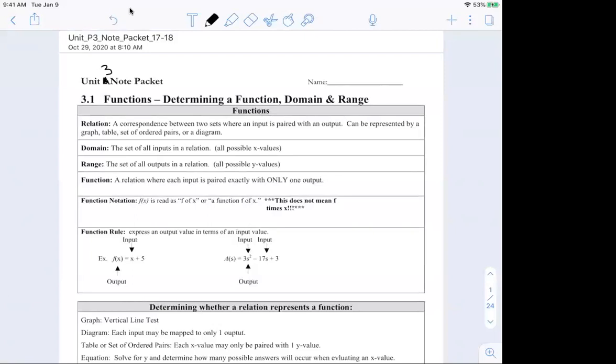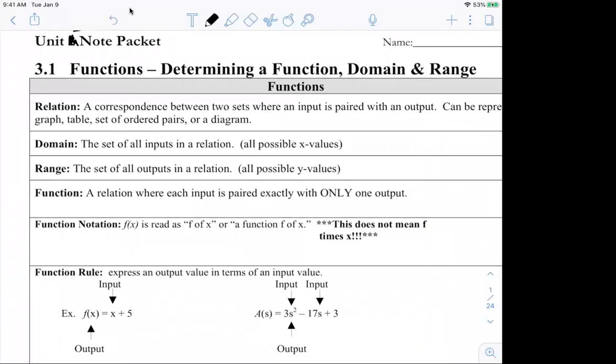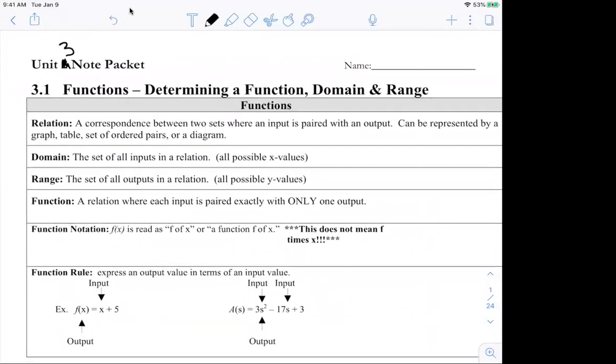Okay. So a function, first we'll talk about the word relation. It's a correspondence between two sets where an input is paired with an output. It can be represented by a table, a graph, a set of ordered pairs, or a diagram. So there's an input and an output, like an X and a Y. The domain, you guys know, is all possible X values.